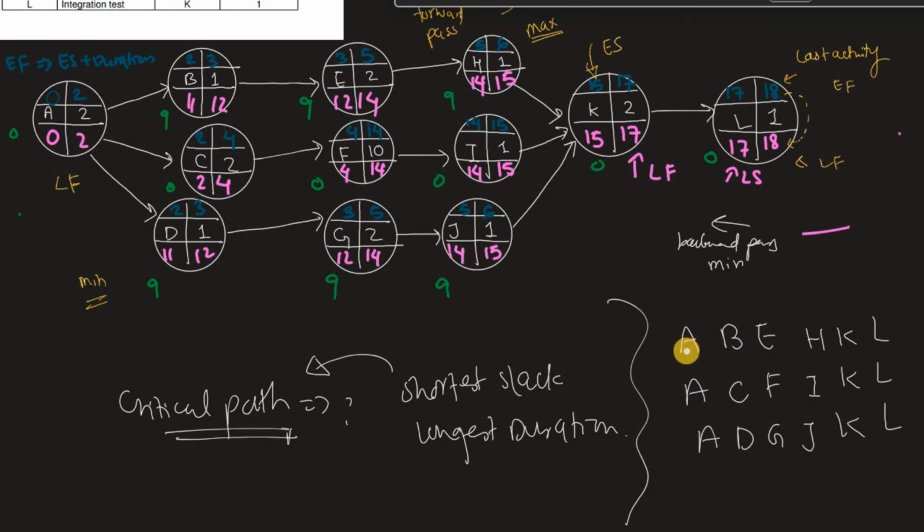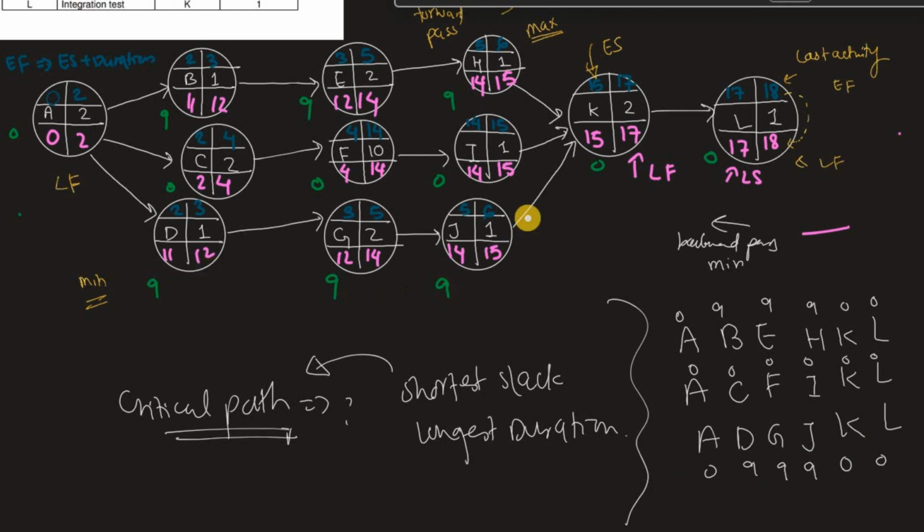For the first path that's 0, 9, 9, 9, 0, 0. For the second it's 0, 0, 0, 0, 0, 0. And then we have 0, 9, 9, 9, 0, 0.